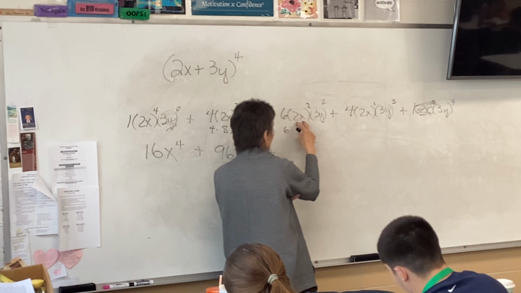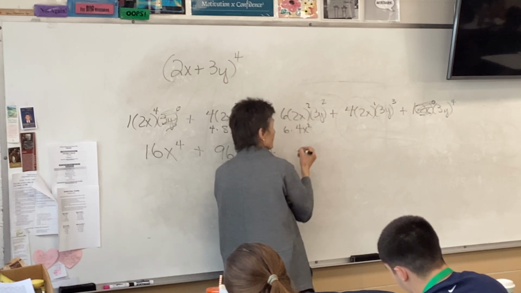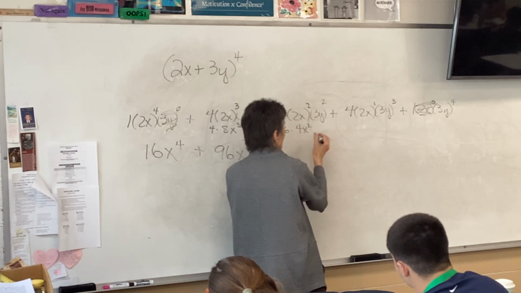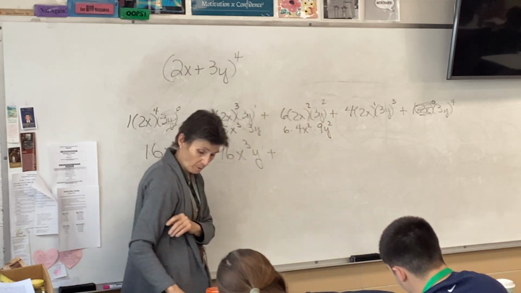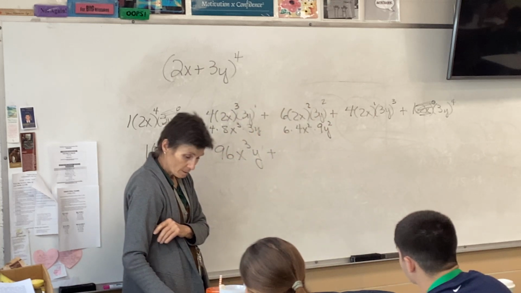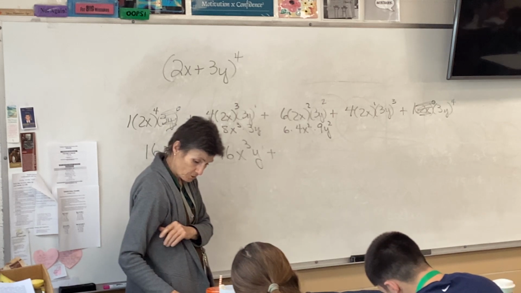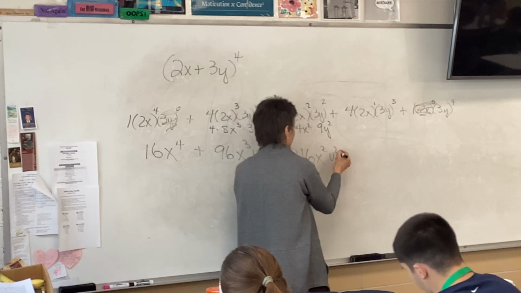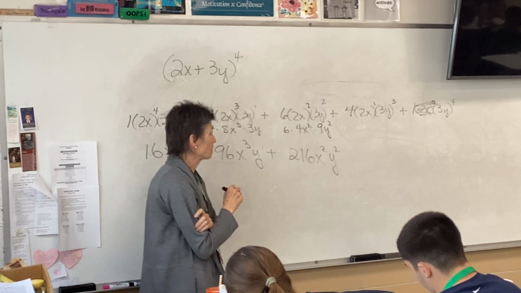What do I have here? 2x squared is 4x squared. And 3y squared is 9y squared. So what am I multiplying? 6 times 4 times 9, 216. Kids, it's easy. There's one piece at a time. It is so easy.